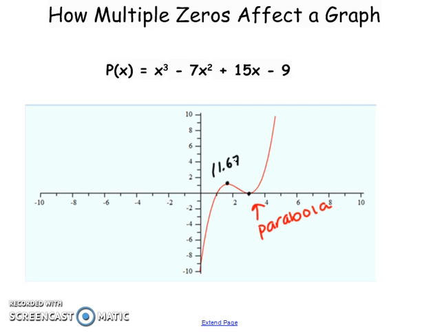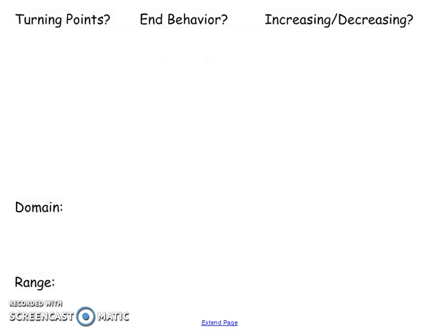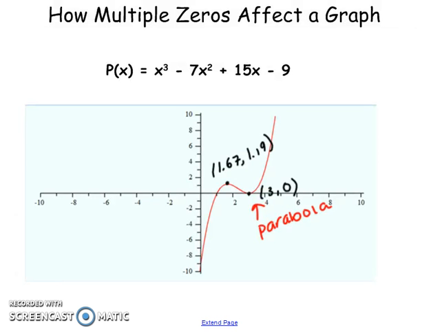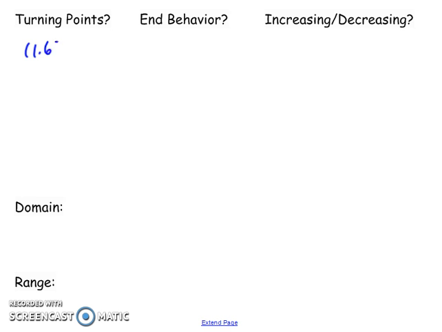We get 1.67, comma 1.19, and we get 3, 0 for our other turning point. So turning points we just found: 1.67, comma 1.19, and we also have 3, 0.